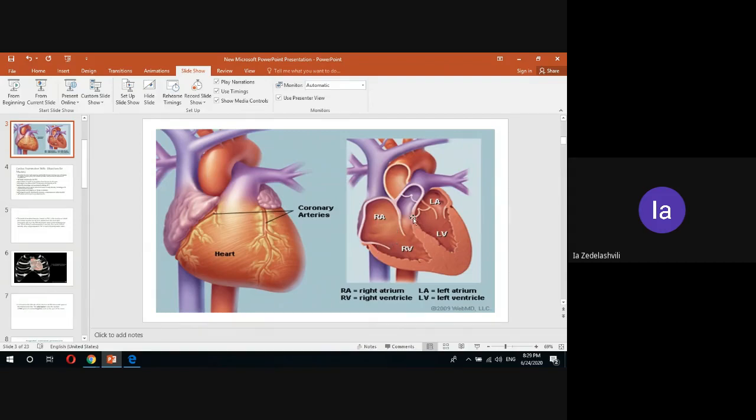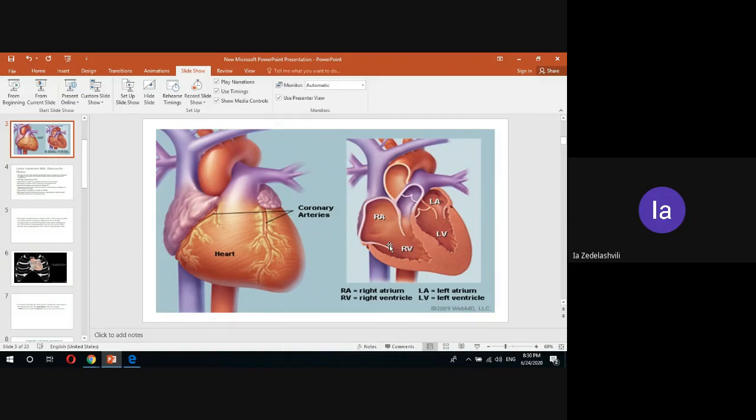So this door, this closure between the atrium and ventricle, see this part, it's open now in our picture, is named a valve. If these valves are closed strictly and normally, you will hear a sound like a drum, tam ta tam tam ta tam.